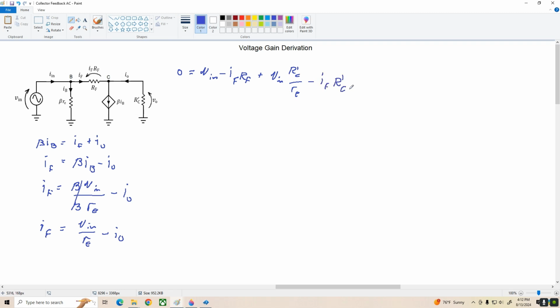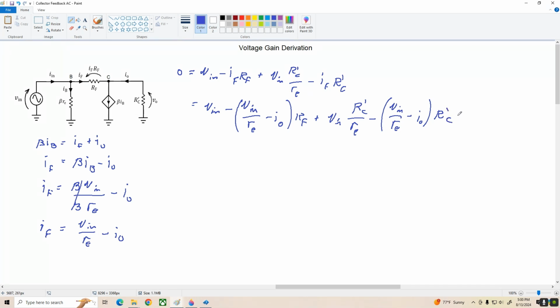Now we're going to substitute in this identity for I sub F, and that gives us 0 equals Vn minus Vn over little re minus I out times Rf plus Vn times R prime c over little re minus Vn over little re minus I sub O times R prime c.